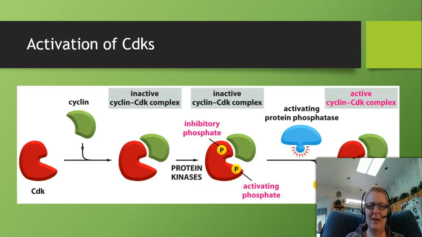And these inhibitory phosphates still prevent the cyclin CDK complex from being activated. It's not until the phosphatase removes those inhibitory phosphates that the active cyclin CDK complex can go and do what it needs to do. So, it's a little confusing because it gets phosphorylated and then dephosphorylated before it can become active. But it's important to understand how that works.